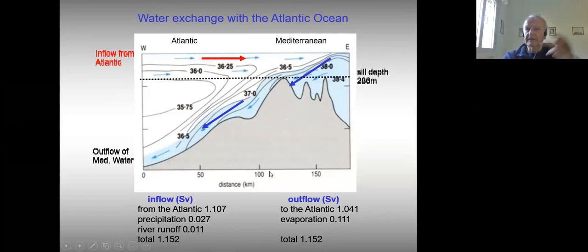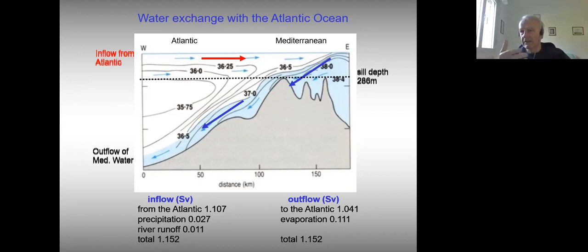And if you compare this with the outflow of rivers, the largest river in the world is like 100,000 cubic meters per second. We are talking here about 1 million cubic meters per second.